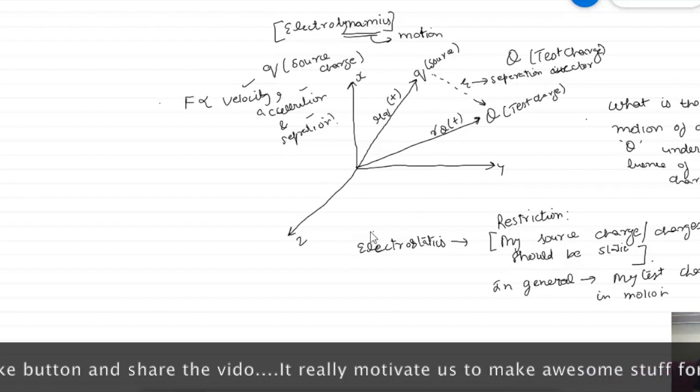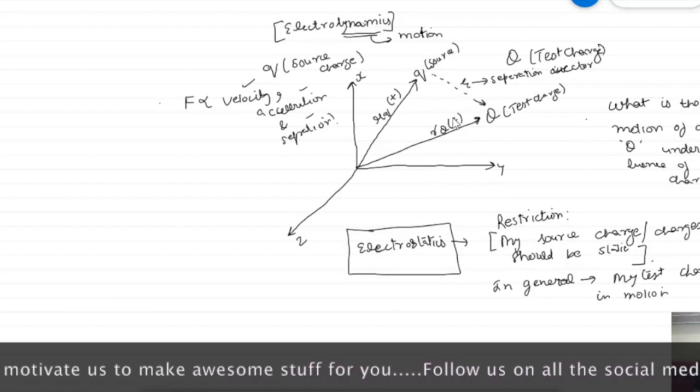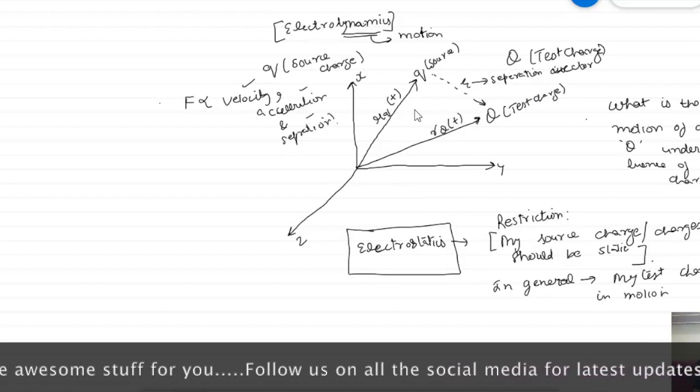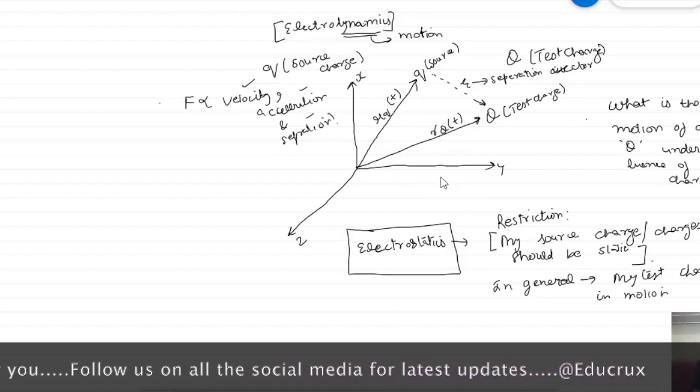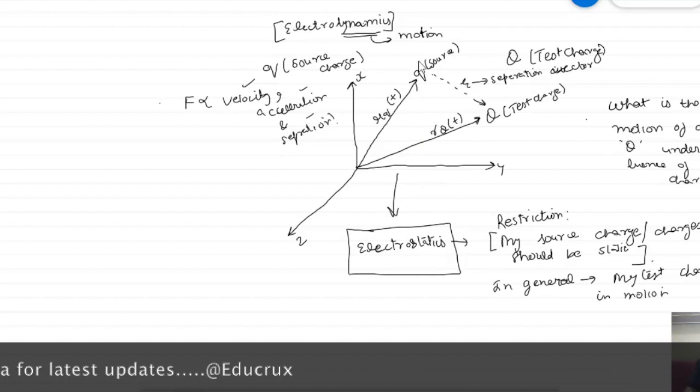So that's why we first study electrostatics, because the general problem is very difficult to solve or to understand. That's why we shift to electrostatics, in which we put a restriction that my source charges should be fixed.